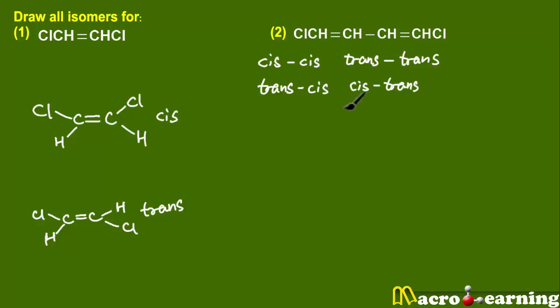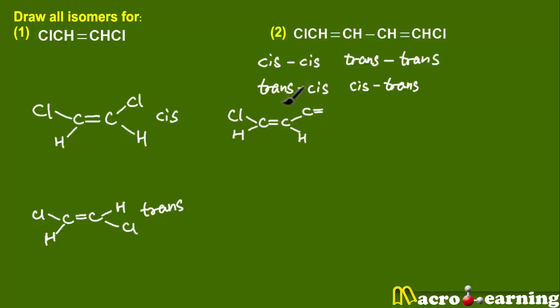So always before I start drawing out structures, I would always lay these out in front of me first. And this way, I think it will help make sure there's no duplication and also make sure I don't miss anything. Okay. So for the cis, let's start drawing out. Cis for the first double bond, which means the two hydrogens or chlorine and this big guy are on the same side of this double bond, right?